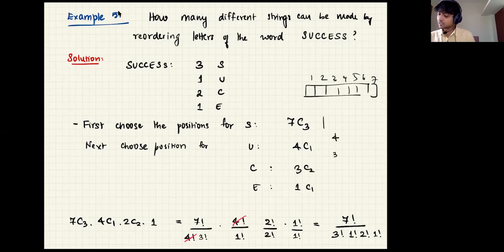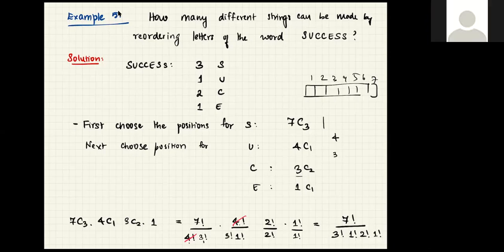Then from 3 positions I choose 2 positions for C. That is 3C2, and then finally I have 1C1. If I manipulate it, what do I get? 4C1 into 3C2 into 1. I should be getting 9 factorial. This is 4 factorial into 3 factorial. Ah, so I messed up here.